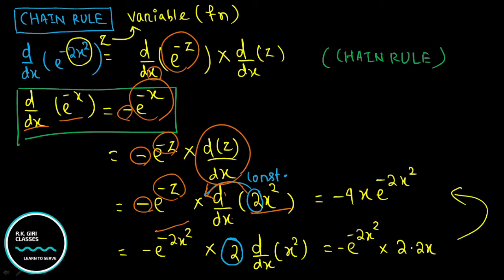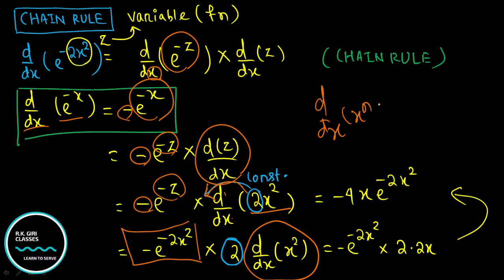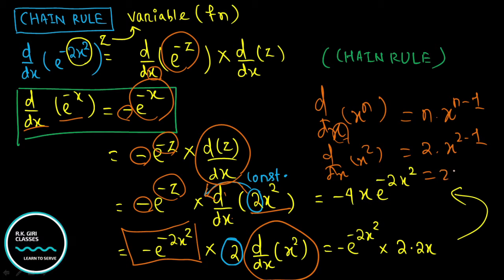So what you got: e to the power minus 2x square, minus of e to the power minus 2x square into 2 into d by dx of x square, and you already know the derivative of x to the power n with respect to x will be n times x to the power n minus 1. Similarly, the derivative of x square will be 2 into x to the power 2 minus 1, that will be 2x.